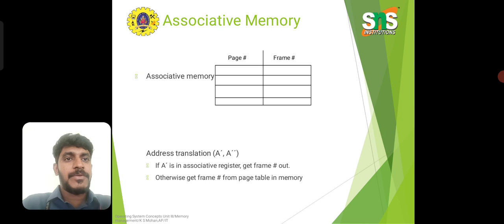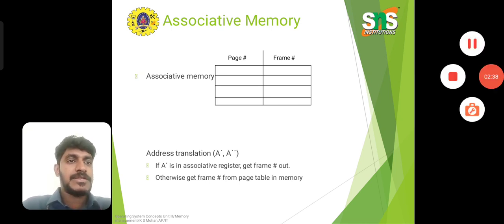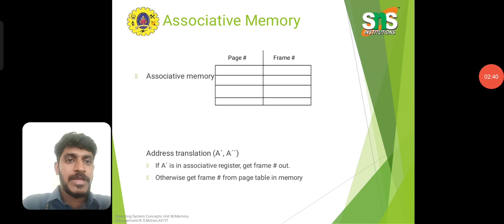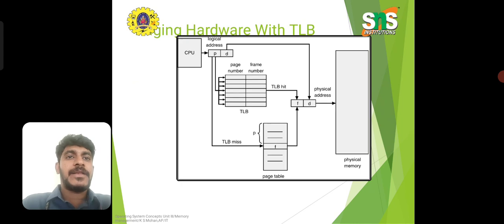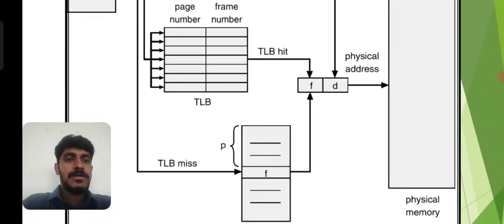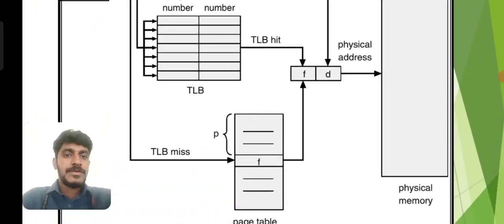So in the associative memory we have the page and the frame. For address translation of A, if A is in an associative register, get the frame out. Otherwise, get the frame from the page table in memory. Then the paging hardware with the TLB. In this picture we can see the CPU and the connection of the page table and other things.